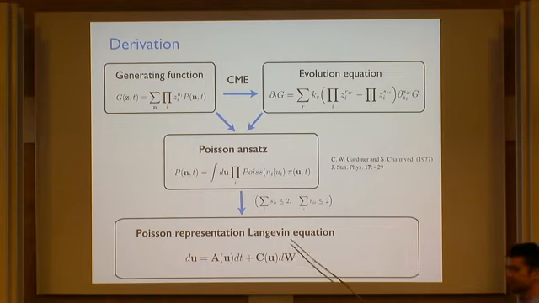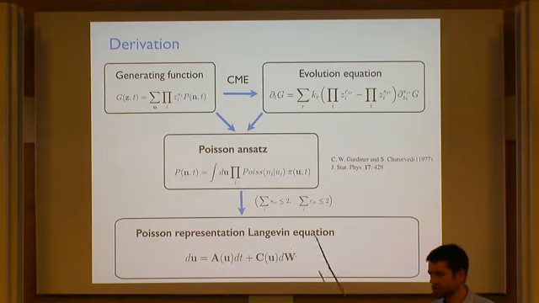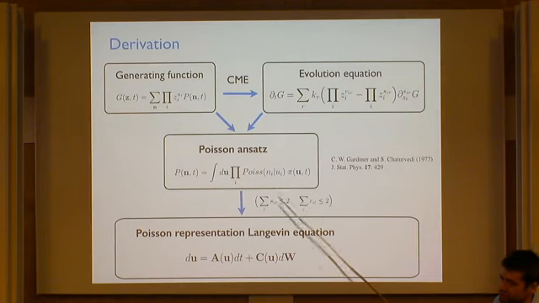It looks actually very similar to the chemical Langevin equation, but not quite the same. And the variables, of course, have a different interpretation. Those are not particle numbers or concentrations, they are the mixing variables in the Poisson representation.